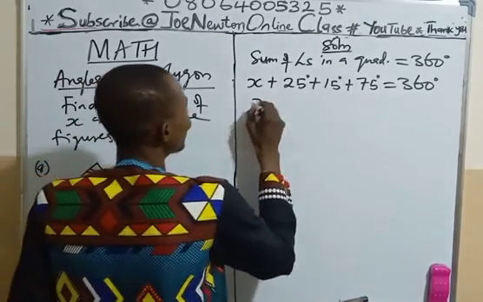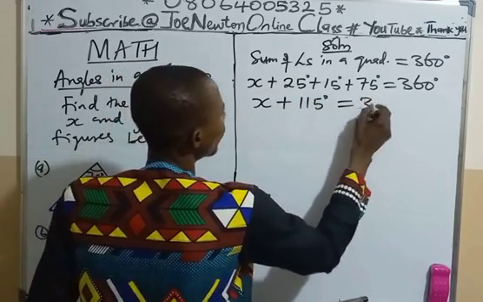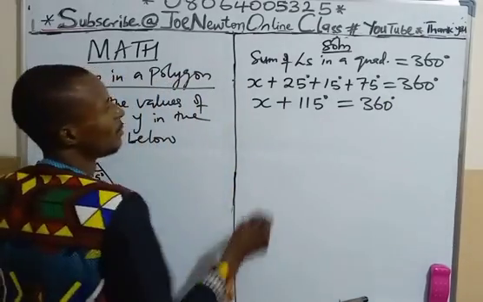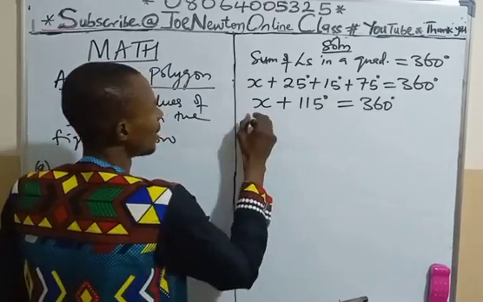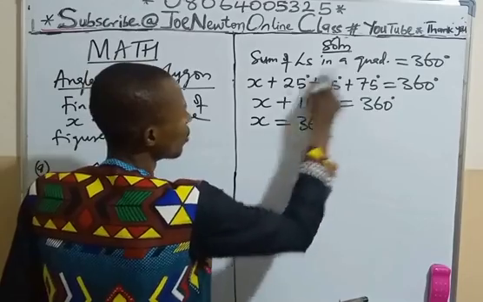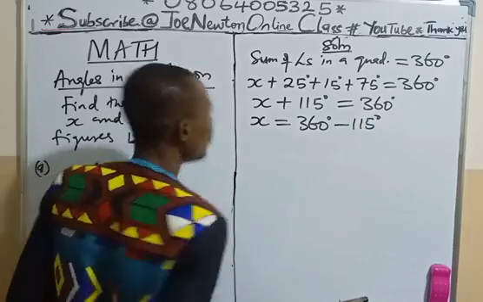So you have x plus 115 degrees is equal to 360 degrees. From this, we make x the subject of the formula. Therefore, x is equal to 360 degrees minus 115 degrees.